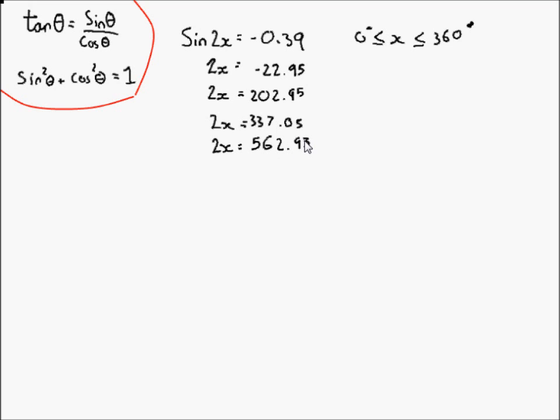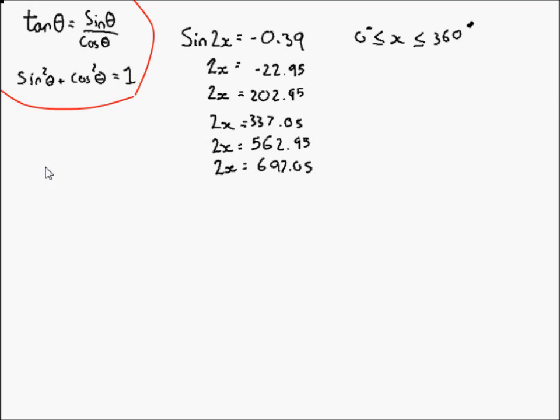Let's take this 337.05 and add 360 degrees to that. That's also an answer. We like answers. But wait, these last two don't appear to be in the region. But you've got 2x, so now you have to divide. Divide all these answers that are in the region by 2.